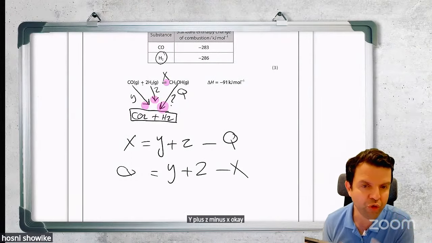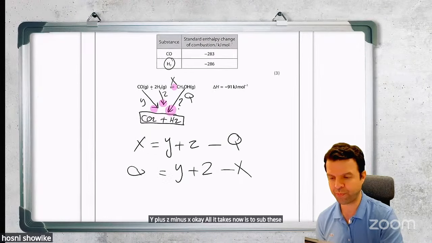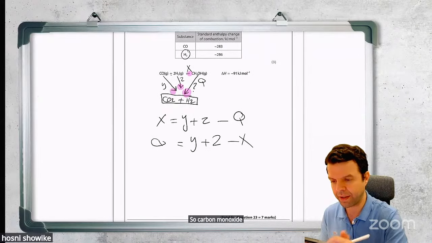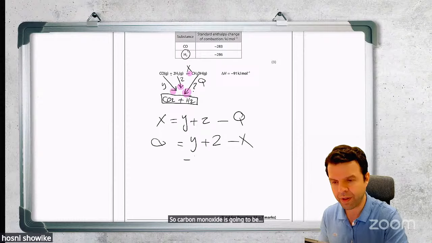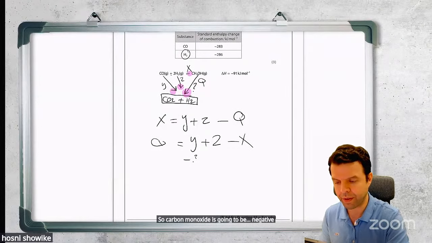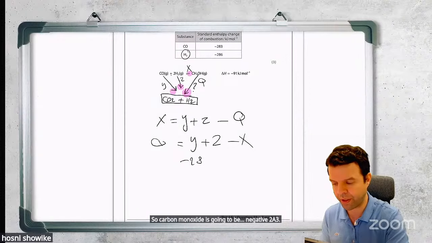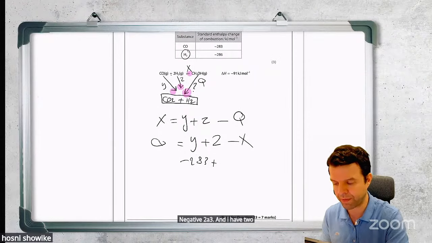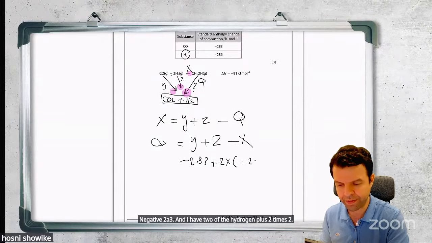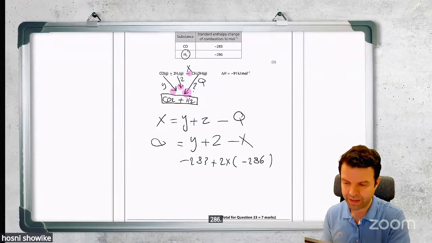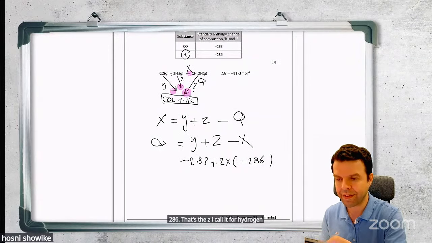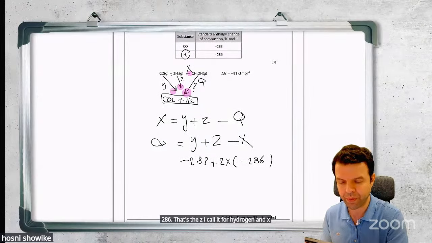All it takes now is to sub these numbers with their values. So carbon monoxide is going to be negative 283, negative 283. And I have 2 of the hydrogen plus 2 times negative 286. That's the Z, I call it for hydrogen. And X is given here, right?